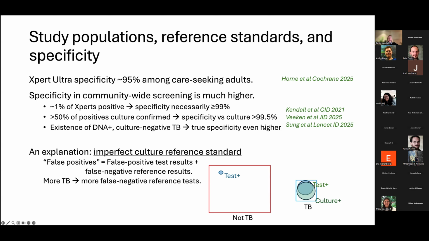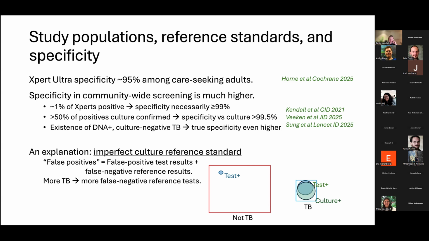And one possible explanation for that is the fact that culture is an imperfect reference standard, and that plays out differently in different populations. If you think about the test results that get classified as false positives and contribute to 1 minus specificity, it's a combination of the actual false positives, like people who don't have the disease, and false negative results on the reference test: people who do have the disease but test negative on the reference.